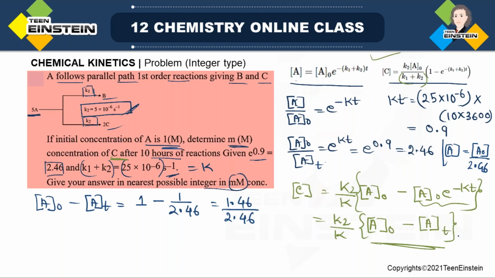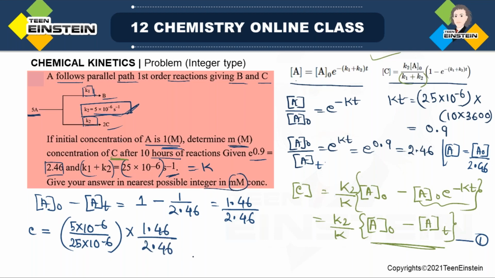Now we will use this equation, suppose equation number 1, and put in all the values. C will be equal to K2, and the K2 value is 5 into 10 to the power minus 6, over the overall K value, 25 into 10 to the power minus 6. Next, A naught minus A, which we have just calculated, is 1.46 by 2.46.